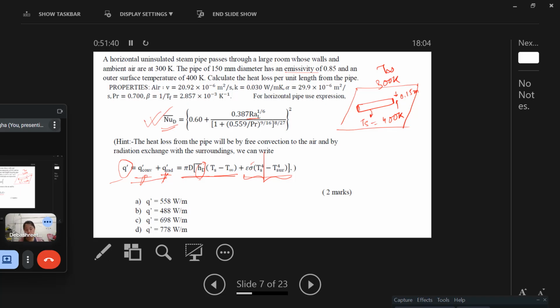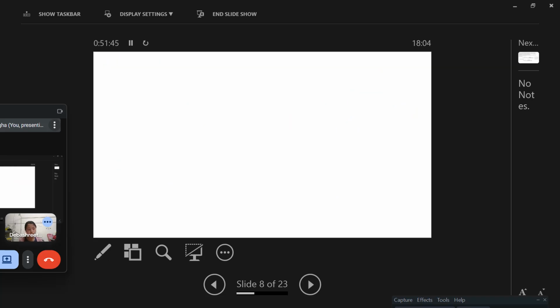So Rayleigh number is given by g beta (Ts minus T infinity) D cubed over nu alpha. D is the characteristic length. Sometimes it is the length of the pipe, and sometimes it is the diameter.